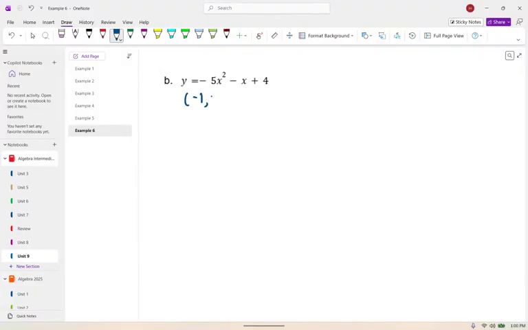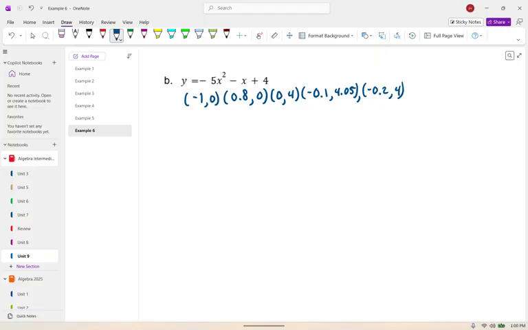Negative 1, 0, 0.8, 0, 0, 4, negative 0.1 and 4.05, and finally negative 0.2 and 4.